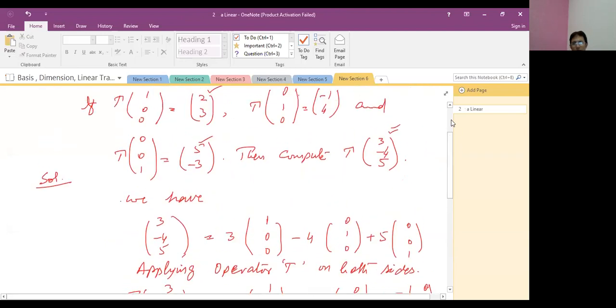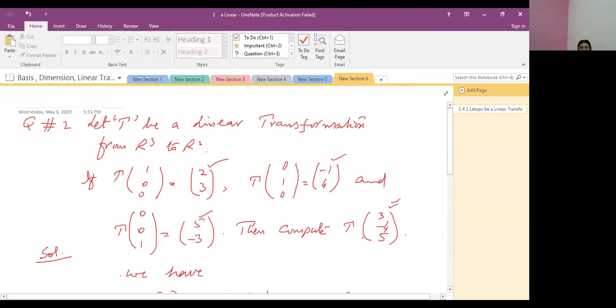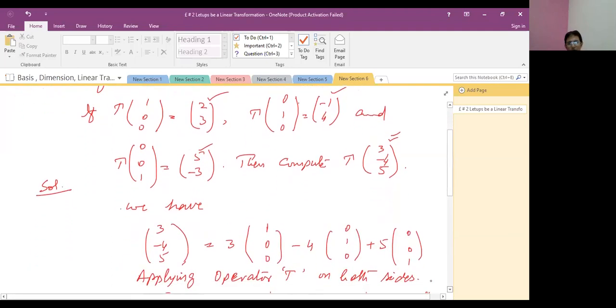So student, what did we do in this? Let me explain. First, we copied this vector (3, -4, 5) and broke it down. If we consider the first row, all other elements should be 0. Then for minus 4, the second row element is present and the first and last values are 0.